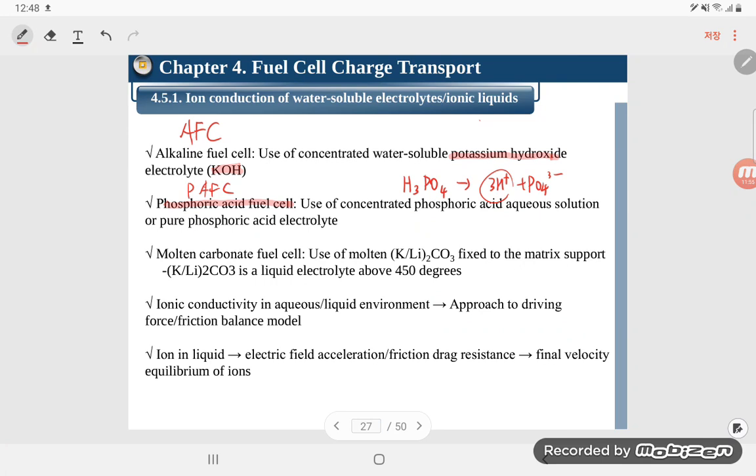Or the pure phosphoric acid, okay, aqueous solution or pure acid.